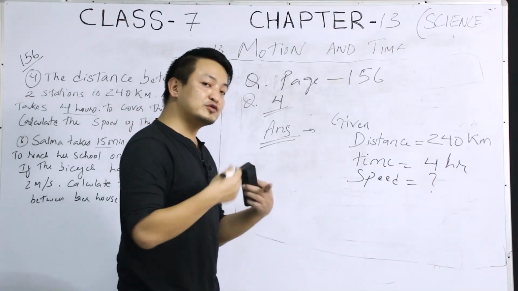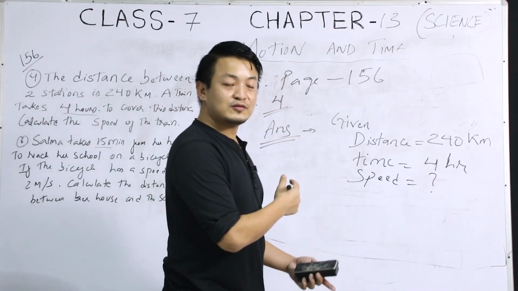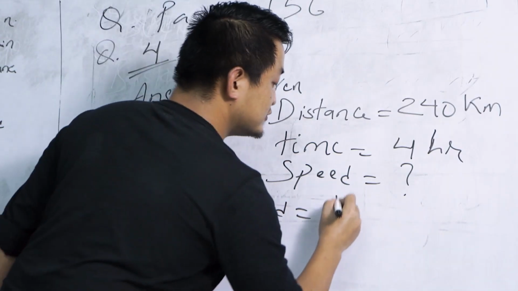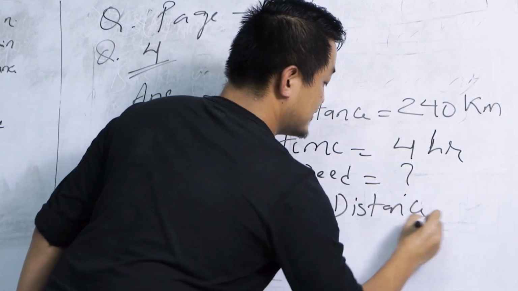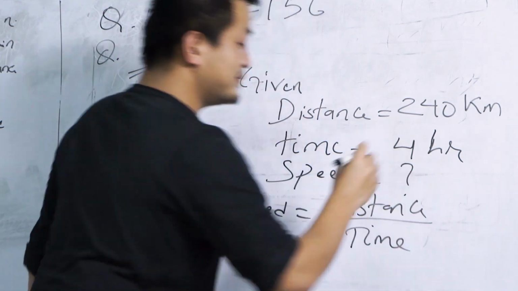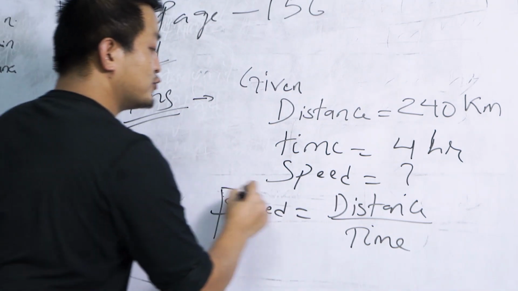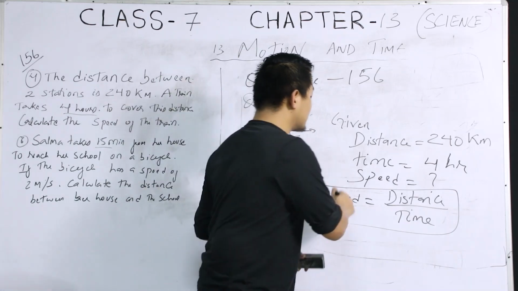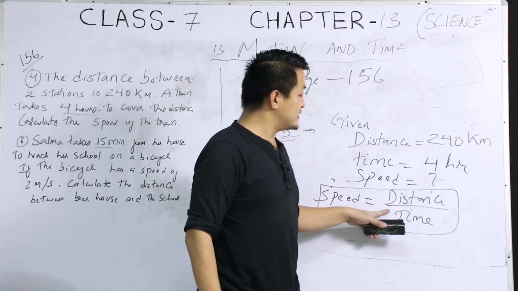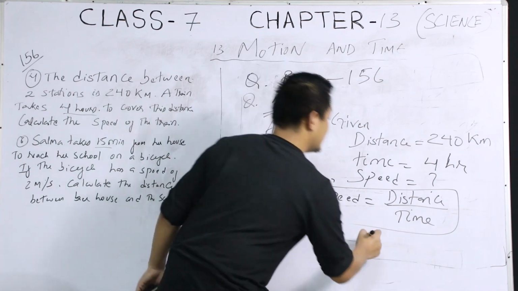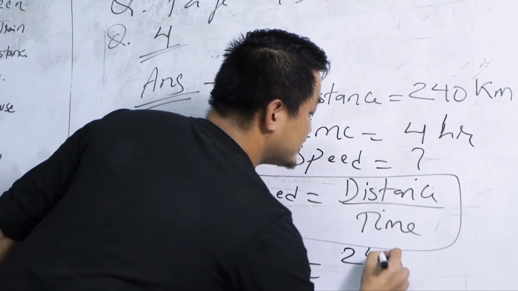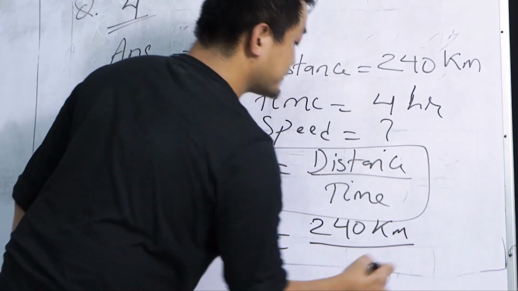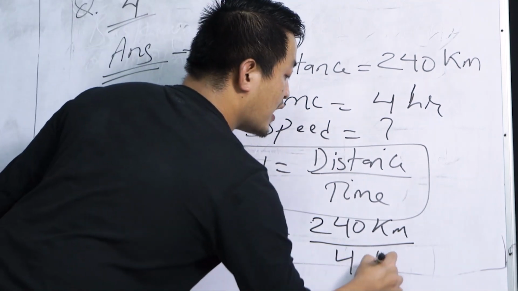Clear? Now let's recollect the formula that we have discussed just now, that is, speed is equal to distance by time. In this question, we have to calculate the speed. Distance is already given, time is already given. So distance is 240 kilometers, and time is 4 hours.